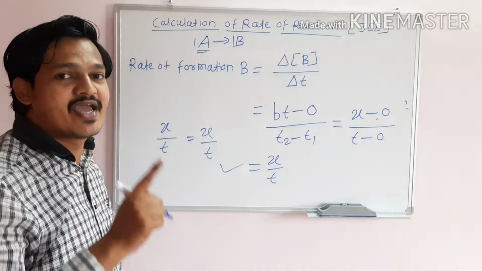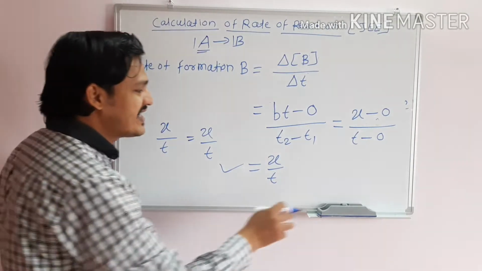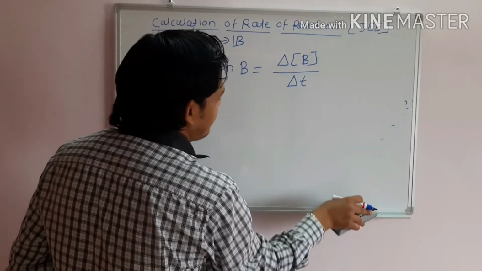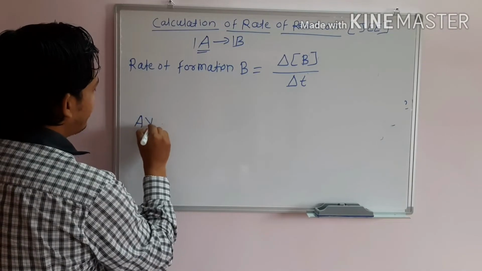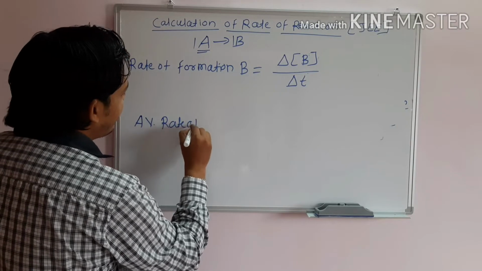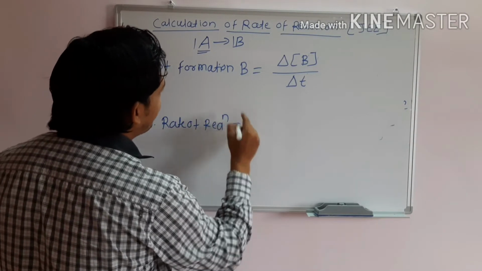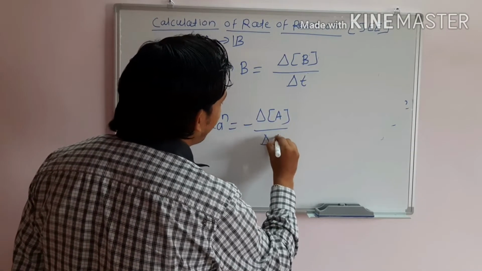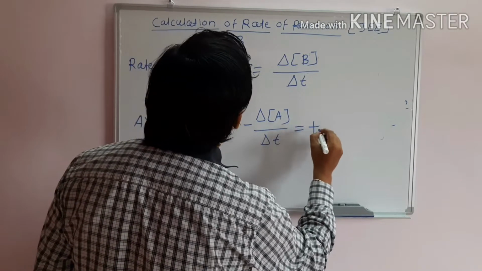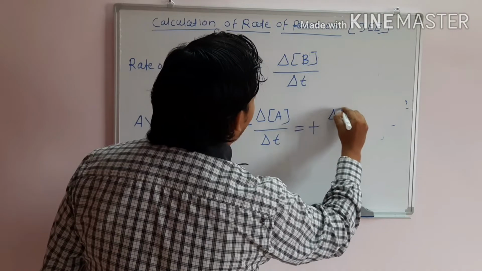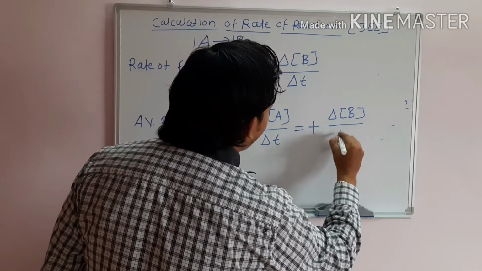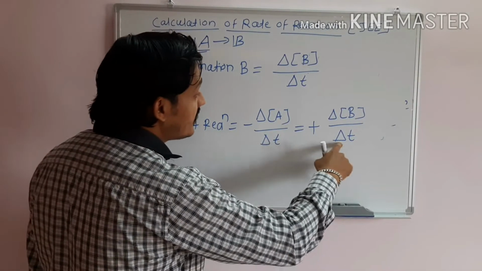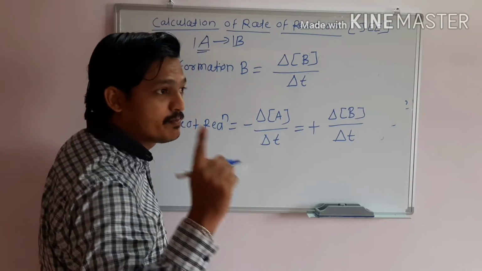So hence I am going to write the average rate of reaction in this way. Average rate of reaction is equal to minus delta A divided by delta T, equal to plus delta B divided by delta T. Why am I writing equality here? Because I can prove it.